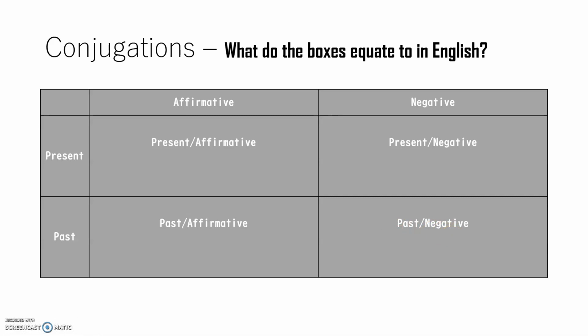What do these boxes mean in English? If I were to give an approximation, I would say something like this box is for saying is, am, are some adjective. Next, it's is not, am not, are not a certain adjective. Was or were for past affirmative, and was not or were not for past negative.